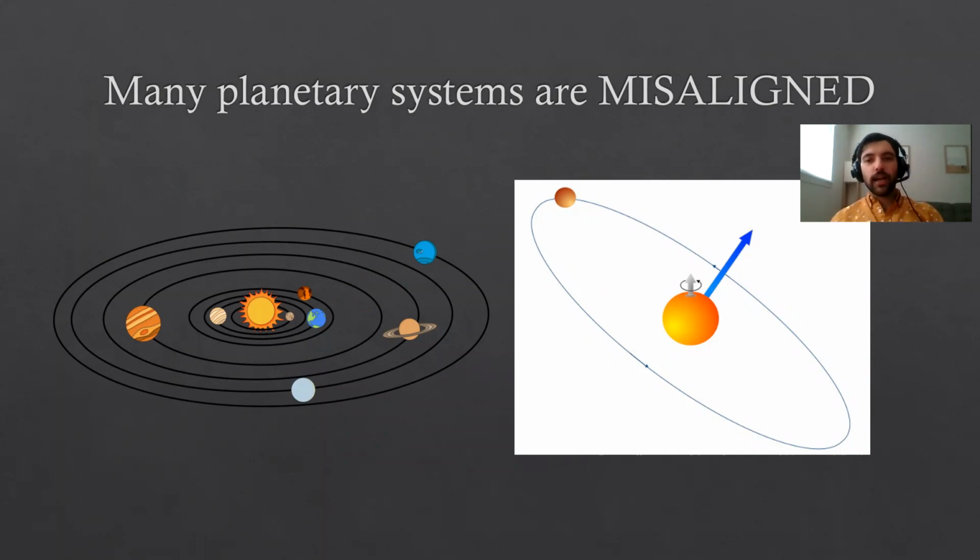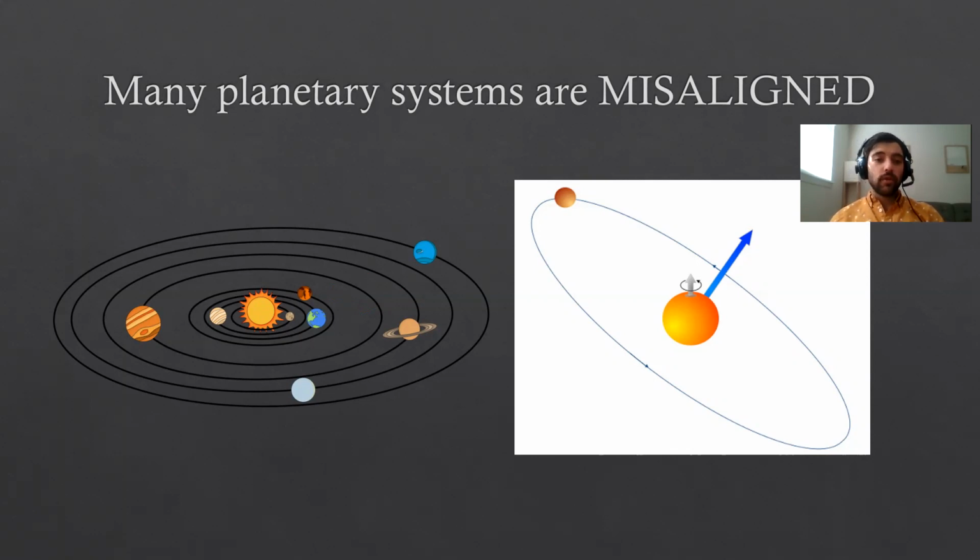And on the right, I have a diagram that illustrates this, where some systems are shown to have planets whose orbits are tilted with respect to the spin of the star. And the spin of the star being the gray arrow. And we can see that the blue arrow representing the orbit of the planets is offset from the spin of the star.